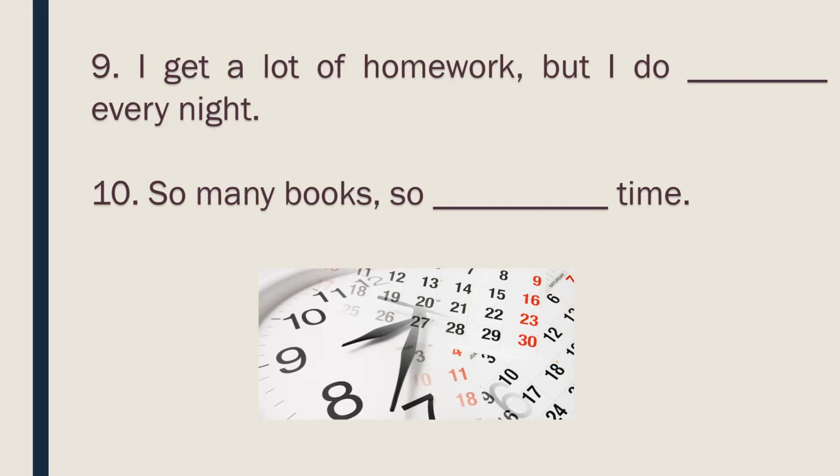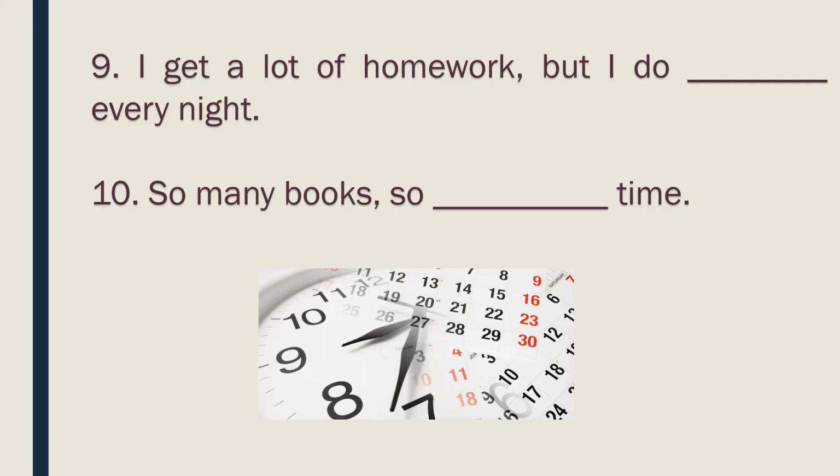I can also say any for negatives when I have zero homework, right? For example, I don't have any homework today. I can say that when I have nothing to do.